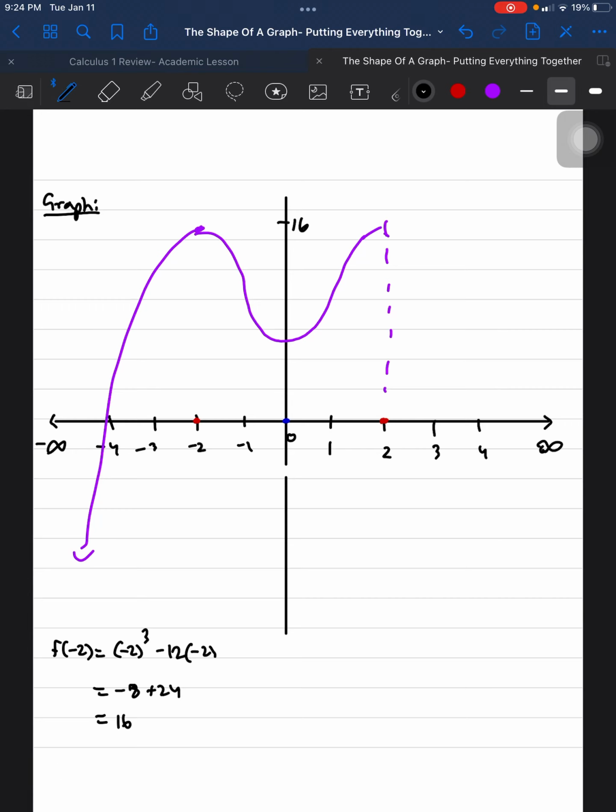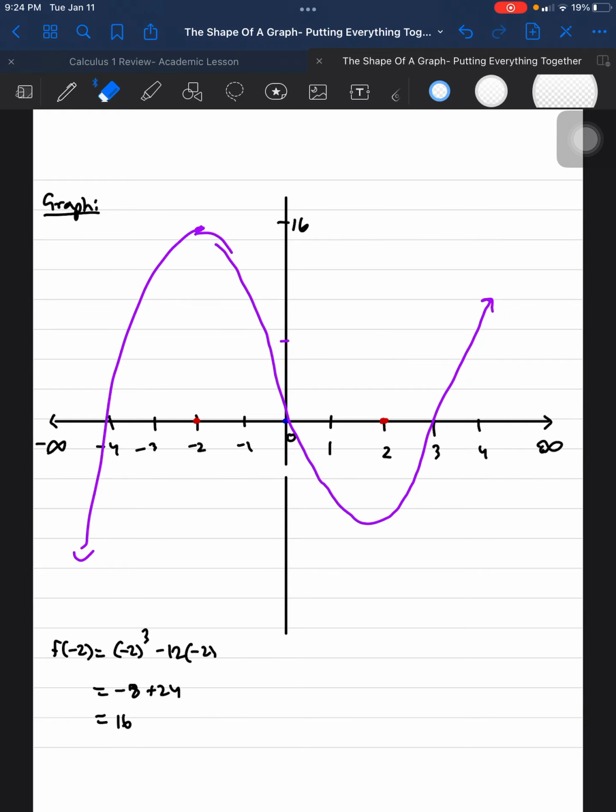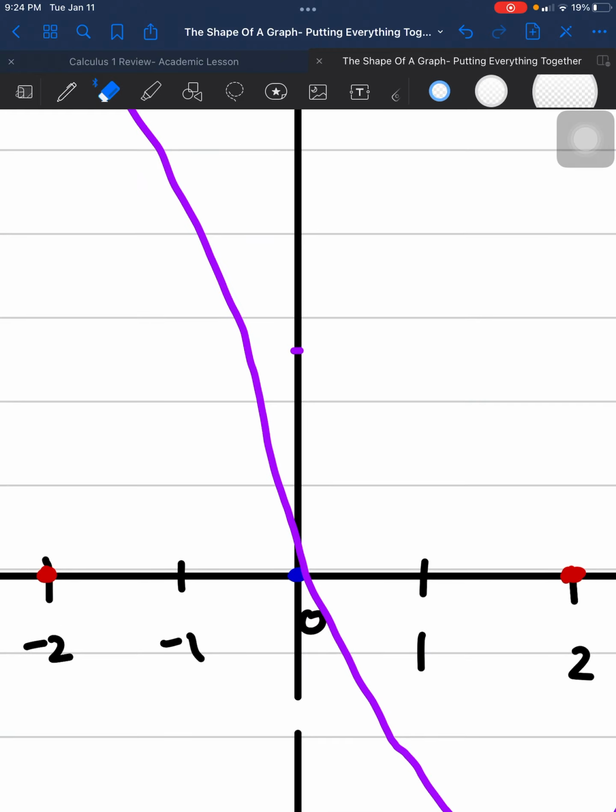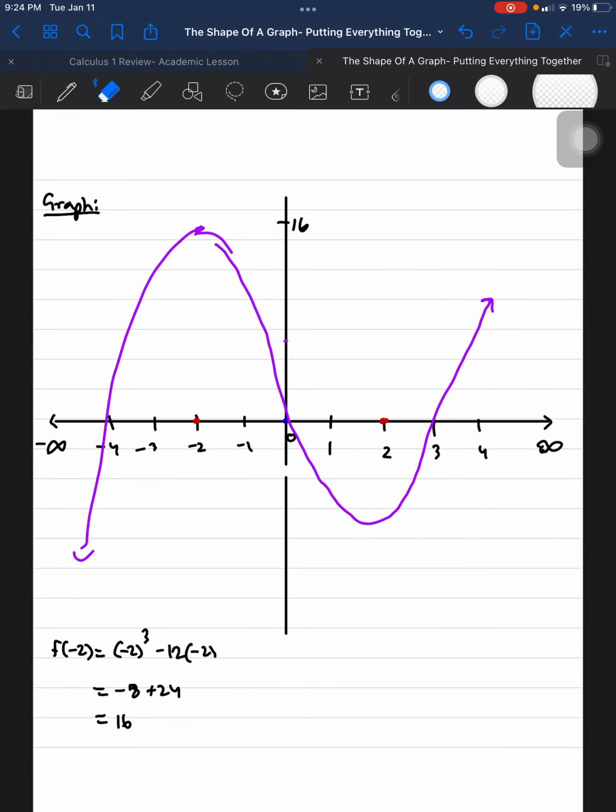So it's going to look something like this. And there you go. This is the graph of the function x cubed minus 12x. This is just a general graph of the function.